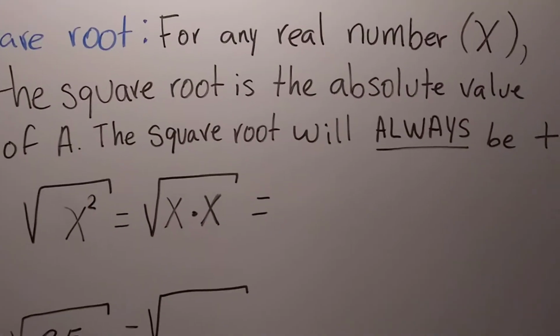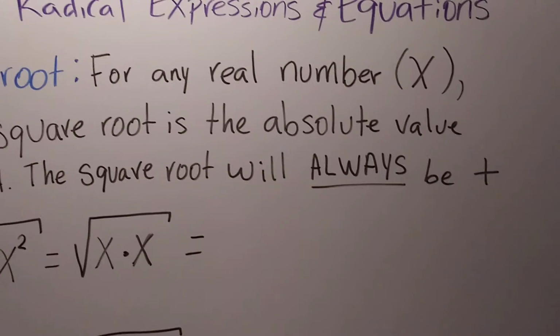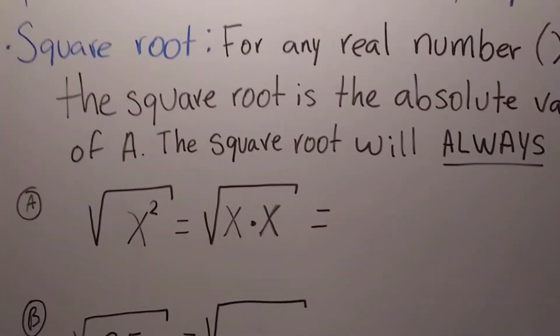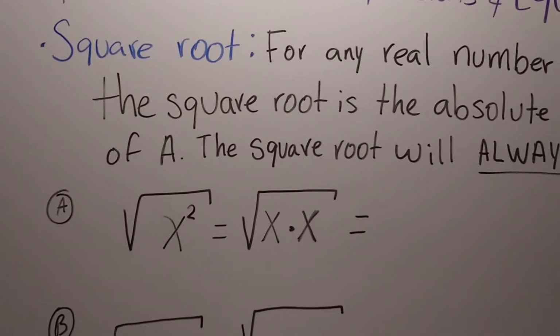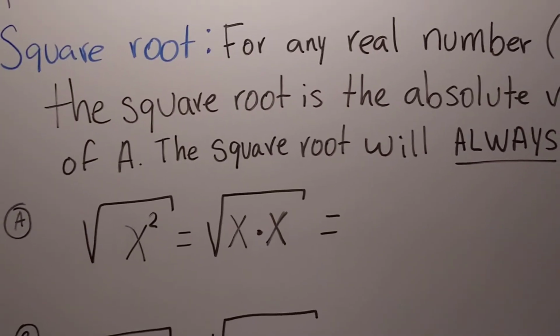So the square root, by definition of absolute value, will always be a positive number. For the sakes of this class, it will always be a positive number. You can never have a negative inside of a square root.